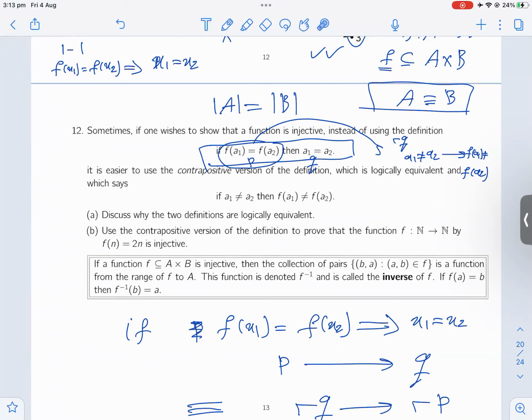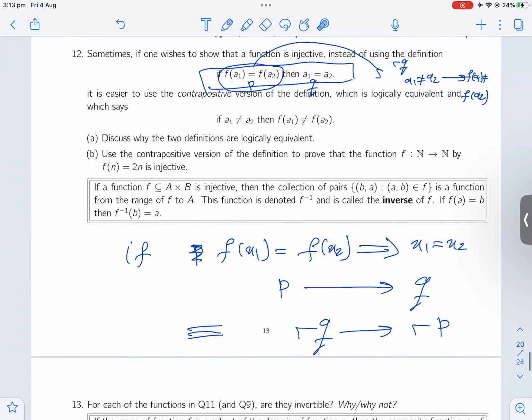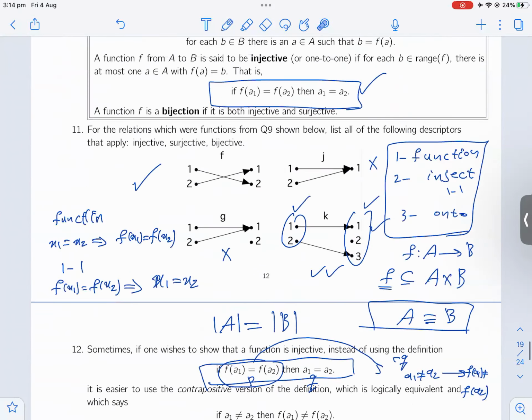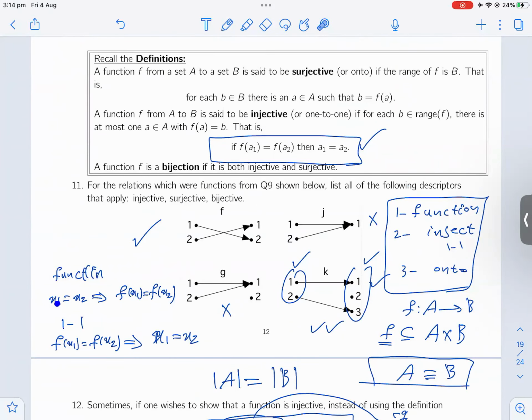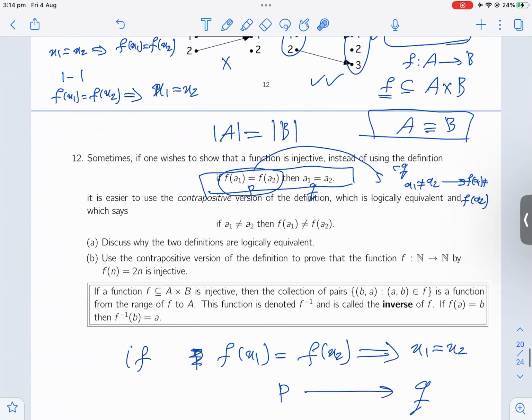So which one is easier to do for one-to-one? This one. For a function, this one is better, so we start from x1, x2, then f of x1. So this part is easy. For one-to-one, the contrapositive version is easy.